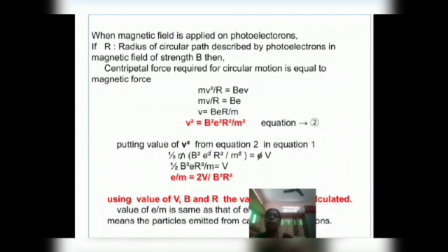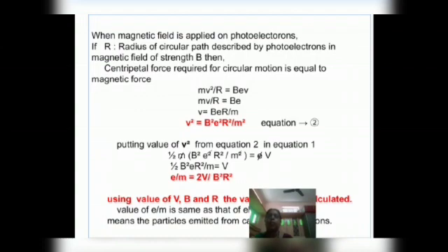Using this value of capital V, capital B and capital R, where capital V is nothing but the potential between cathode and anode, capital B is nothing but the magnetic field, and R is nothing but the radius of the circular path described by the photoelectrons in a magnetic field of strength B, we can calculate the value of e/m. The value of e/m is the same as that of electrons. It means that the particles emitted from the cathode are electrons.